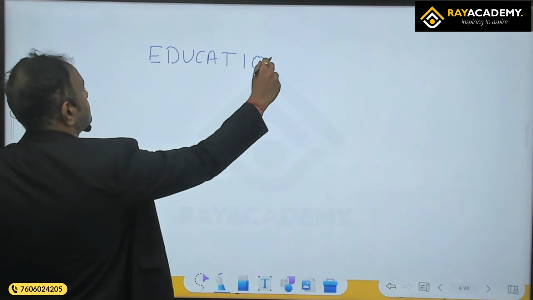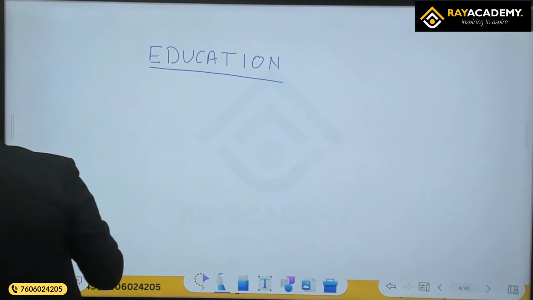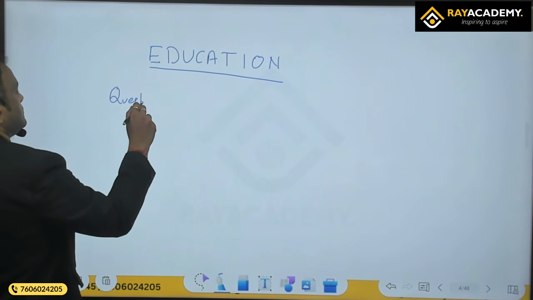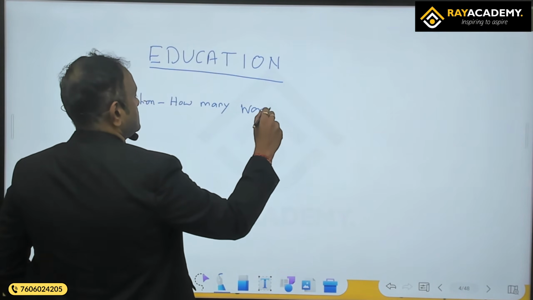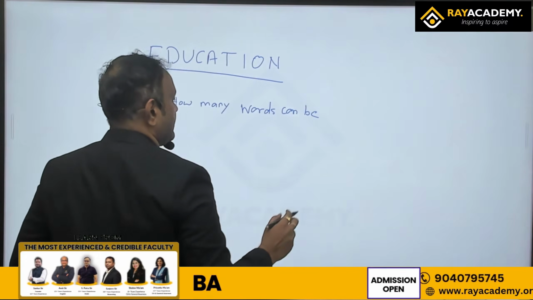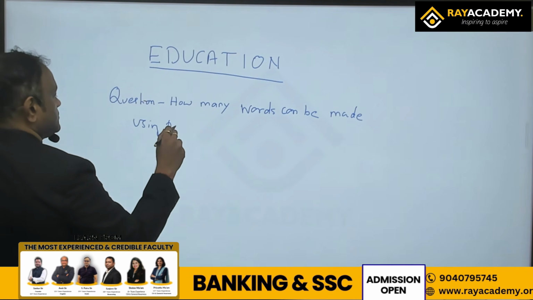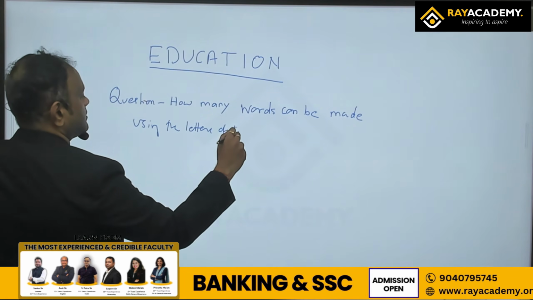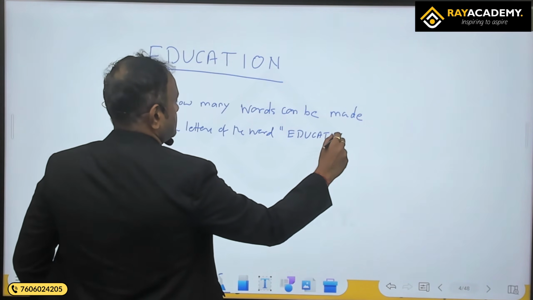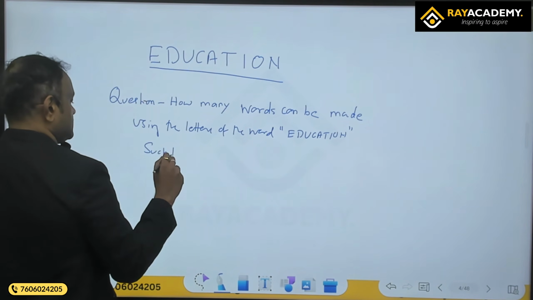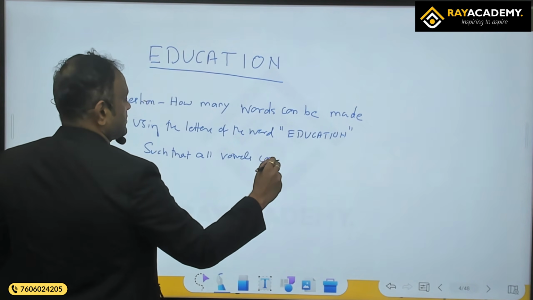Same word I am coming to, education. Now question is, how many words can be made using the letters of the word education such that all vowels come together.